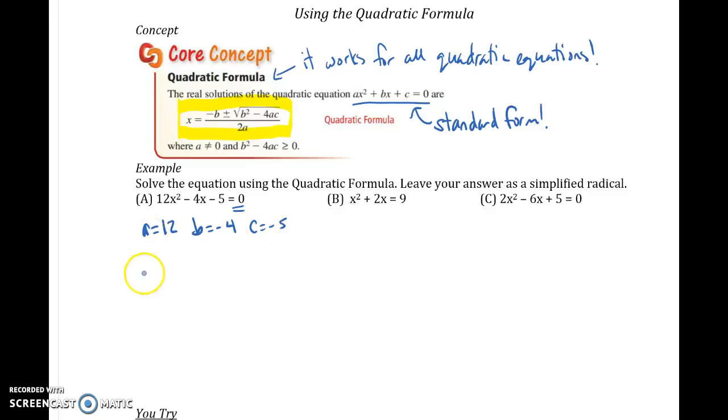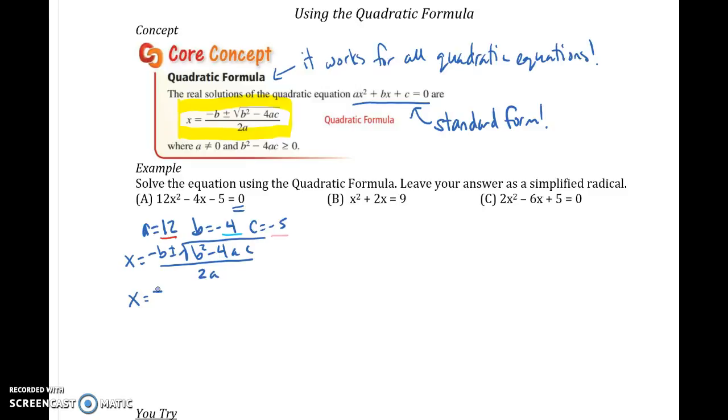And then all you're going to do is write your quadratic formula. And then substitute in the appropriate values. So we're going to put in 12 for a, -4 for b, and -5 for c. So x equals, and it's always negative, just like your axis of symmetry.